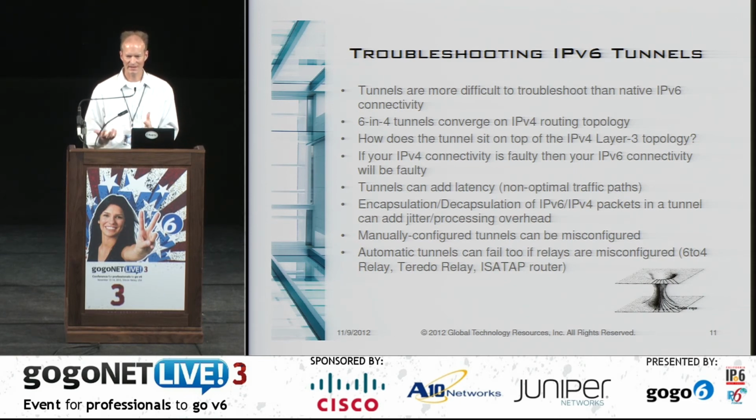But with IPv6, the routers don't do the fragmentation. The applications are going to need to be rewritten. So we're all going to be troubleshooting lots of path MTU discovery issues as applications realize, I guess we do have to fix our path MTU discovery issues once and for all. We can't avoid it any longer. Manually configured tunnels could be misconfigured. Automatic and dynamic tunneling techniques can also cause problems, as we all know.